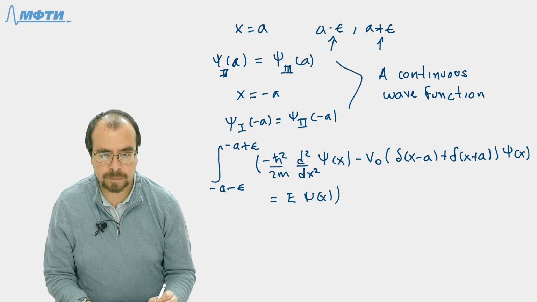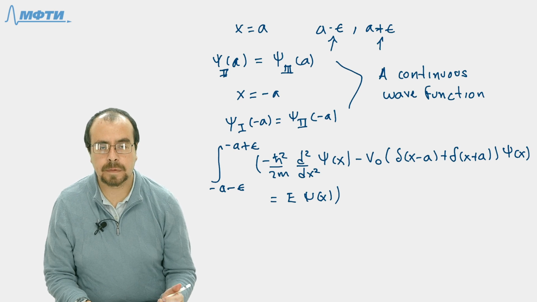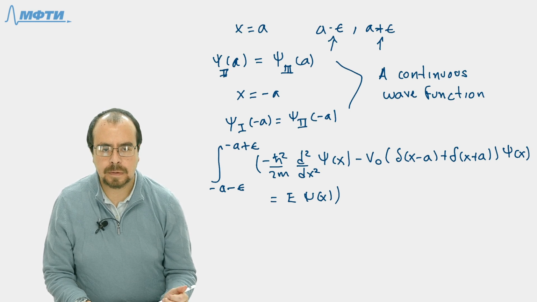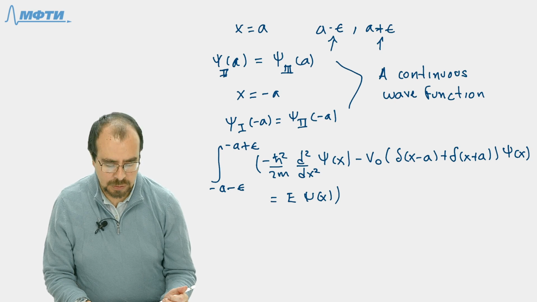And in the case of the energy term times psi, we will have the integral of this psi. So one of the exercises that I want you to do at home is to integrate this Schrödinger equation and obtain the discontinuity for the derivatives in these regions.